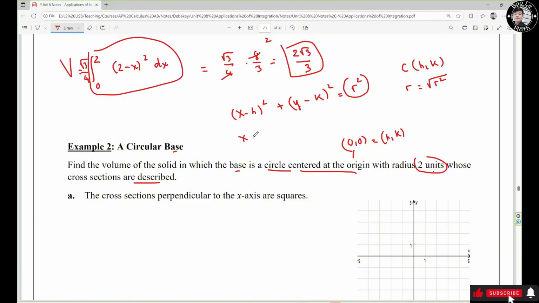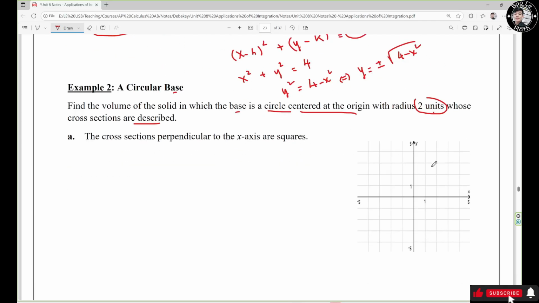So I have s squared plus y squared equals 4, right? Now I need to solve for y. Alright, so I need to subtract s squared both sides, so y squared equals 4 minus s squared. Now I need to take the square root both sides, so that means I have y equals plus and minus square root of 4 minus s squared, right?